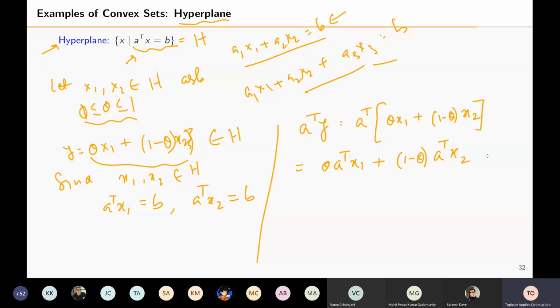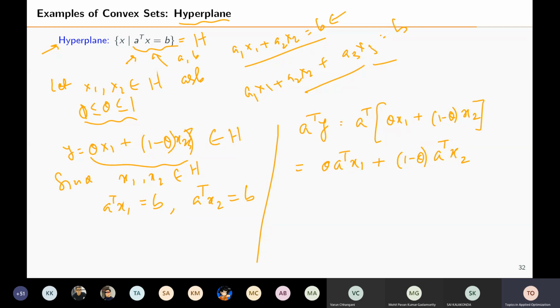Sir, A and B should not be the same, right? They can be different. No, A and B are fixed here. In a plane, A and B are fixed. If I change them, then I will get different planes.